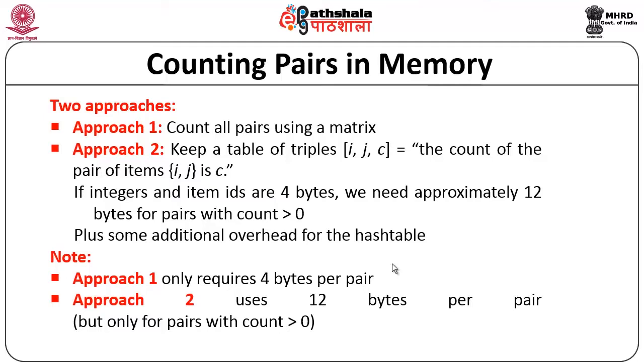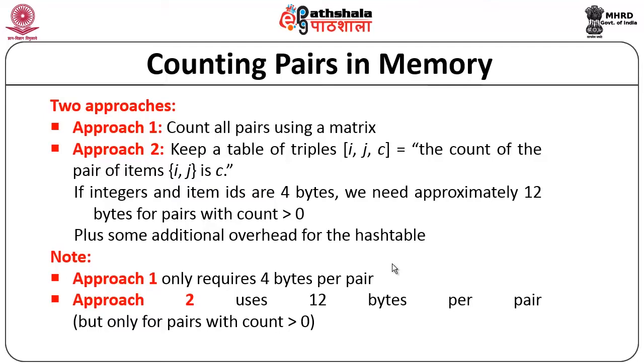In the matrix approach, you will have the counts of all pairs of items represented in the given matrix, and in the triple or record method, you will have 3 attributes, one indicating the first item, the second attribute indicating the second item, and the third attribute indicating the count of this item pair A and B.